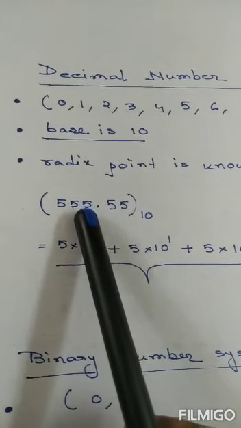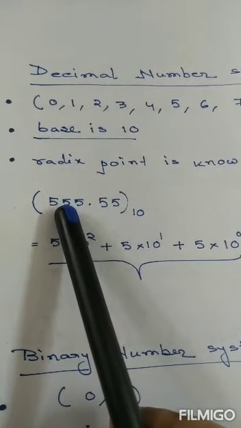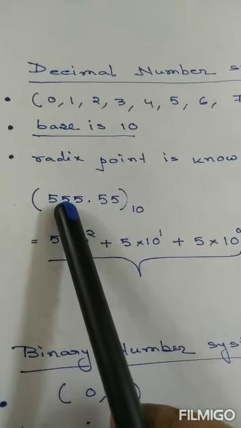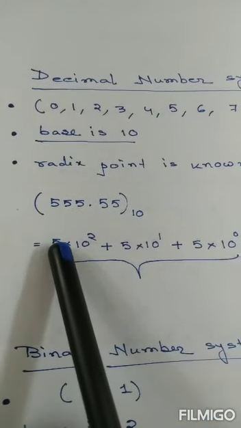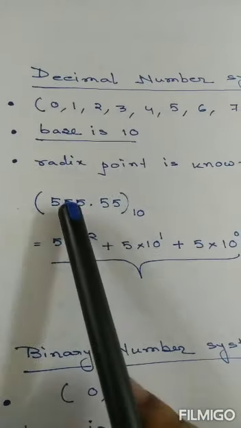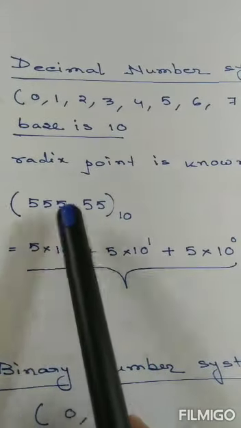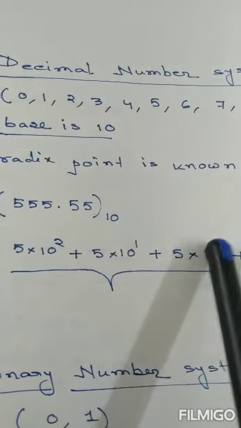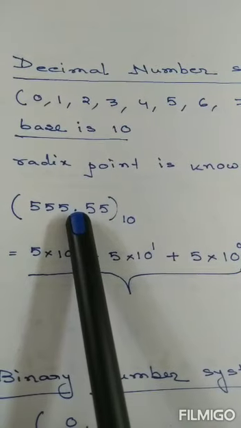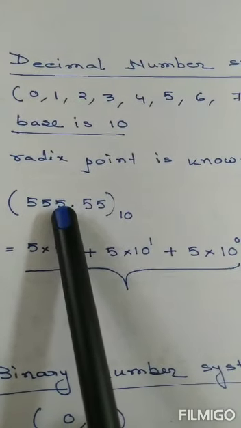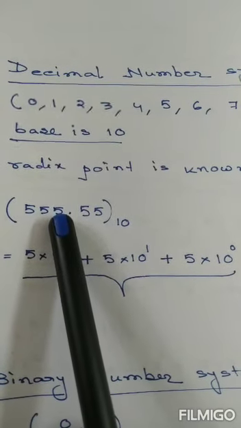The weightage of this position is 10 to the power 0, why 10?